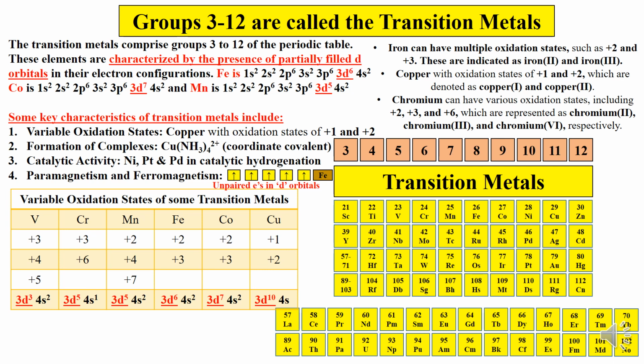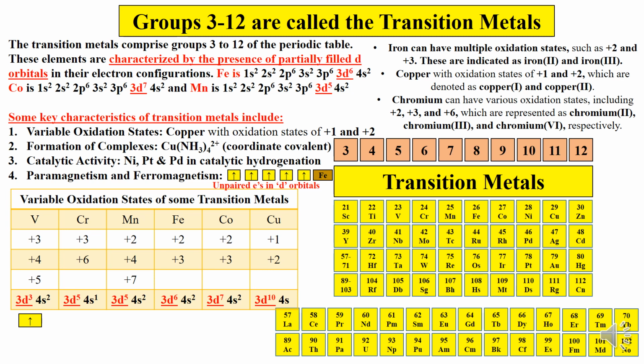So what is the requirement for a metal to show paramagnetism? There should be one or more unpaired electrons in the d orbitals. So what happens if there are unpaired electrons in the d orbitals? Let's see. Charges in motion always generate a magnetic field.